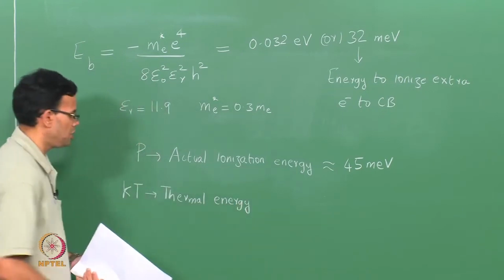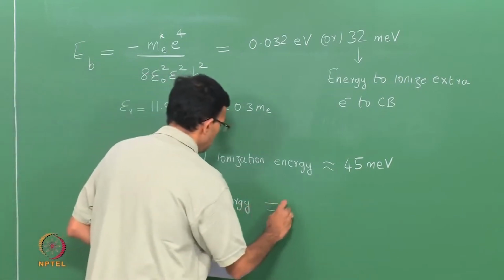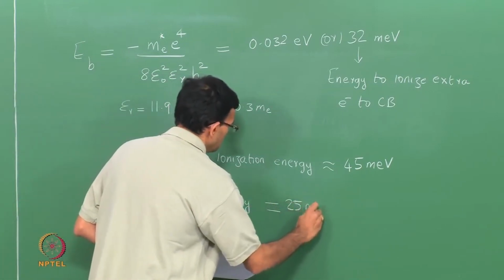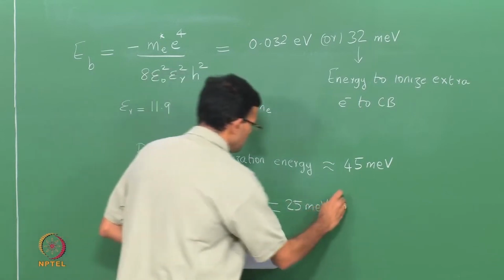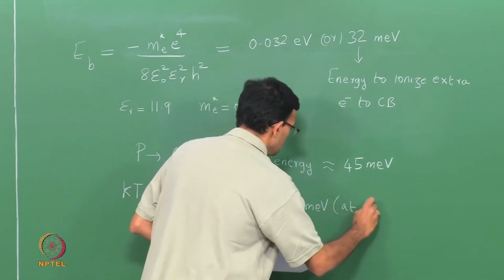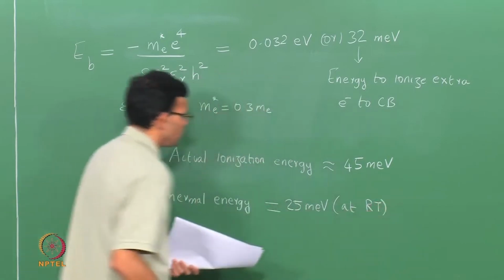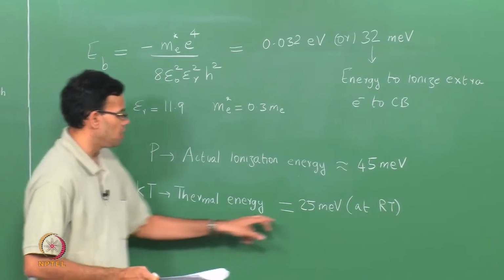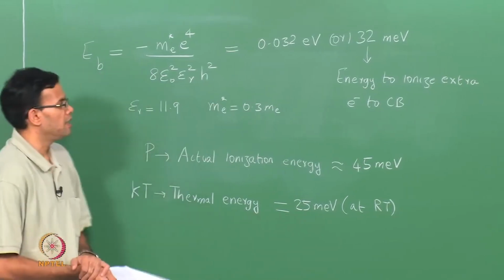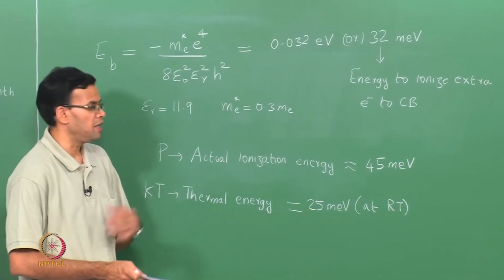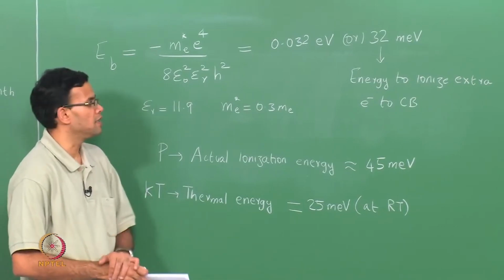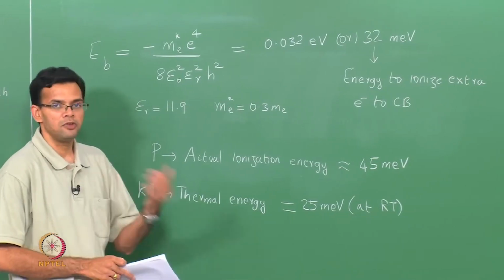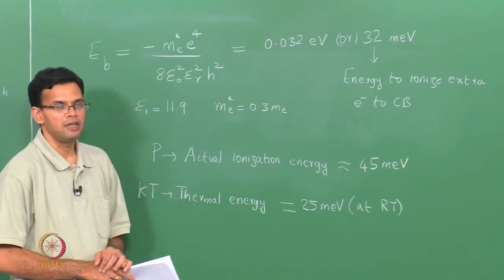at room temperature kT has a value of 25 milli electron volts. So, the ionization energy is very close to the thermal energy, which means that at room temperature it is very easy to ionize these electrons and take them to the conduction band and make them available for conduction.